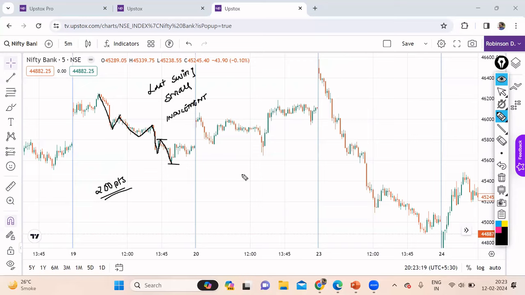Because sometimes you will find the last swing is a very big swing, more than 300, 400 points. In that case, it will not give you optimum results. But whenever the swing is small, it will give you an excellent result. Now let's understand how we trade this.